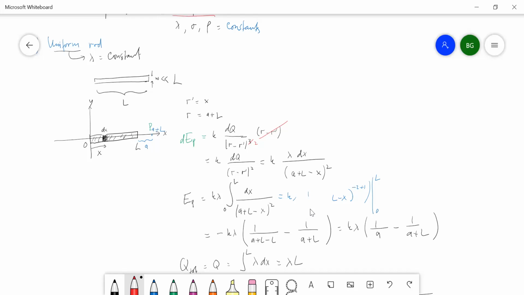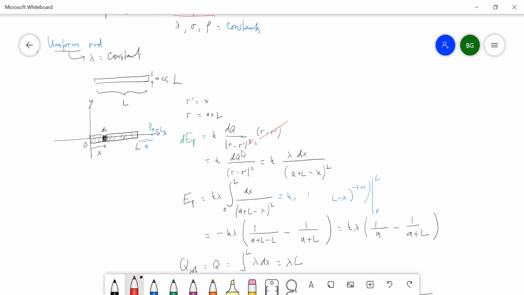Is there any comment or question? Okay. Because if you use the formula here, it should be R minus R prime, the same.